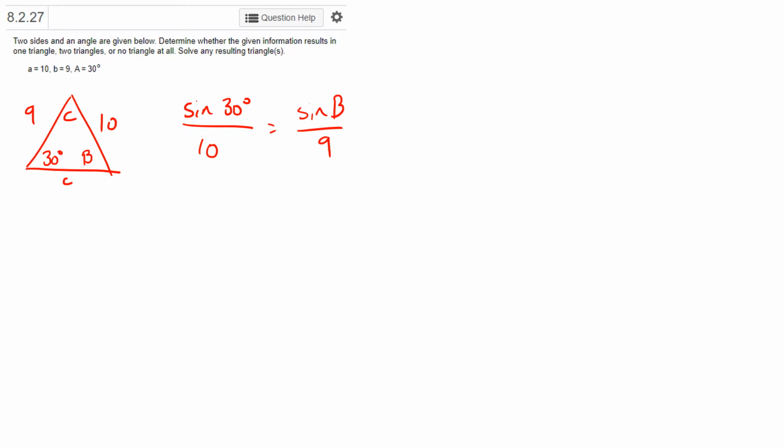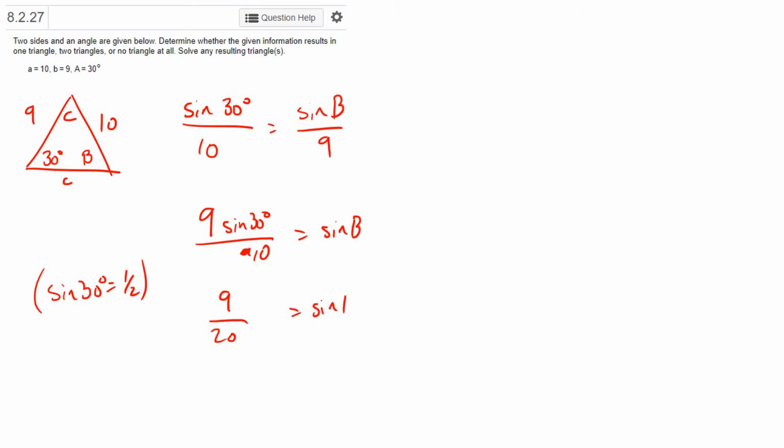Now I need to solve this for the angle B. Just multiply both sides by 9 to get 9 times the sine of 30 degrees over 10 must equal the sine of B. I would point out that the sine of 30 degrees is exactly 1/2, so this becomes 9 over 20 is equal to the sine of B.